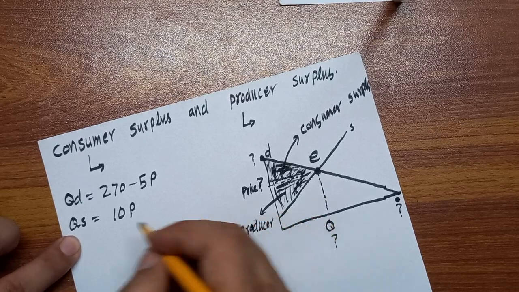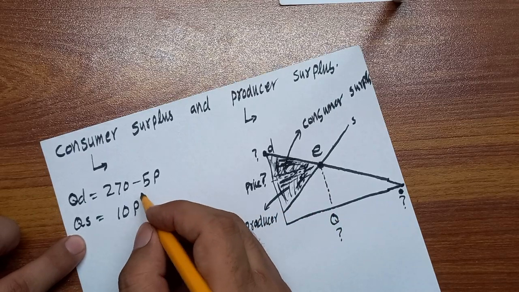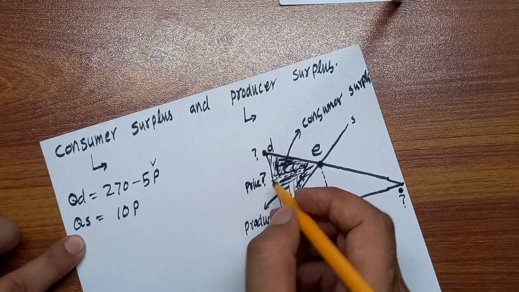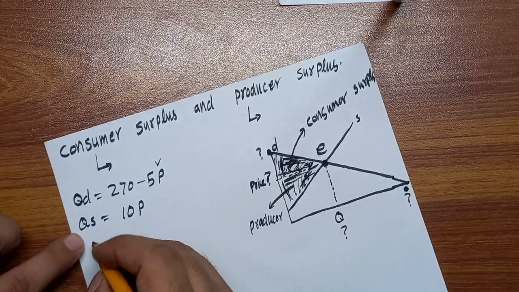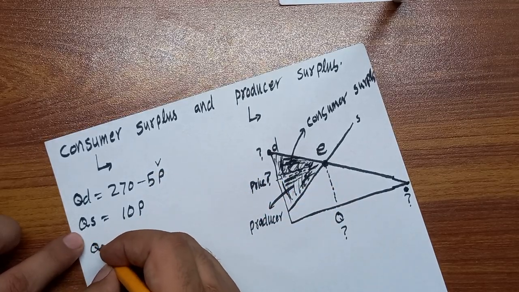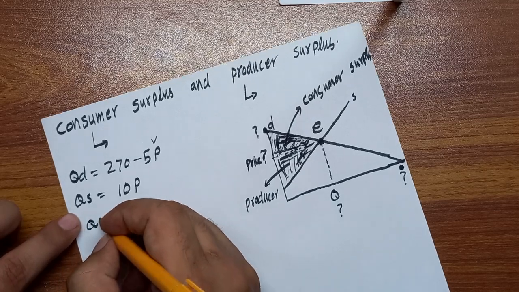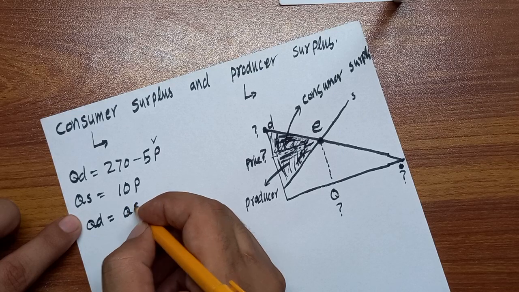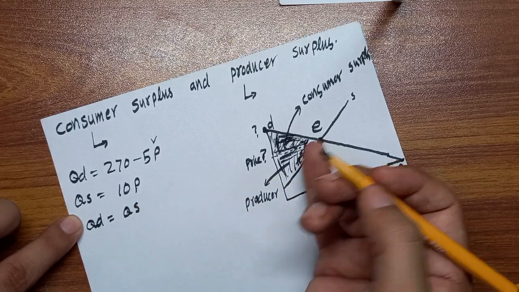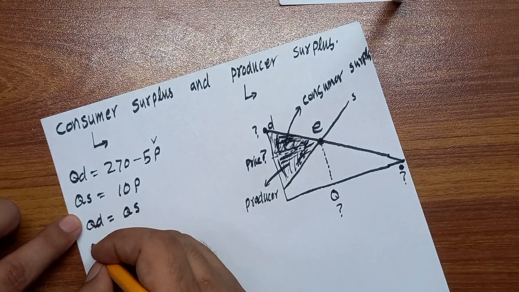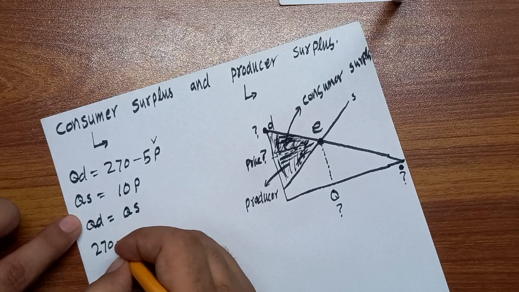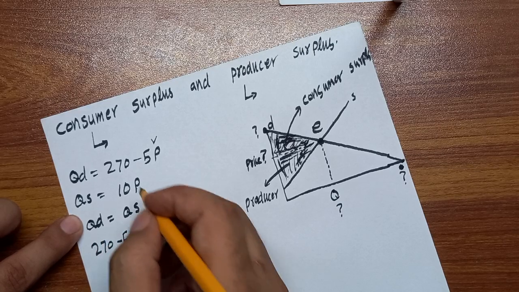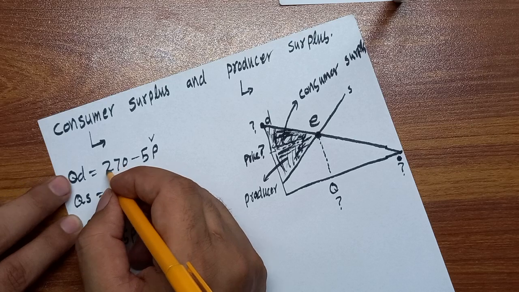So from the equation, first we should find the price. How much price do we have here? We know that the quantity of demand is equal to the quantity of supply at the equilibrium point. So here I will write 270 minus 5P for the quantity of demand.